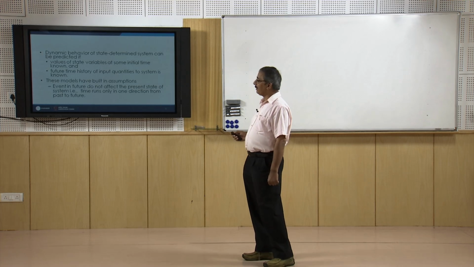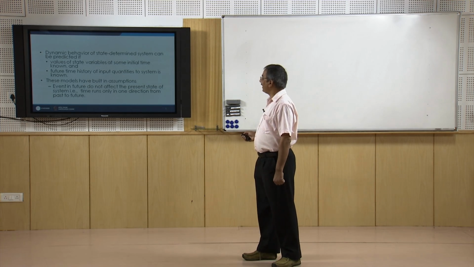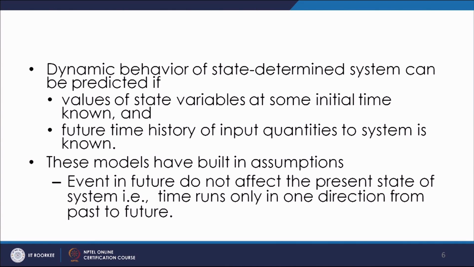Now, the dynamic behavior of a state determined system can be predicted if two things are known. What are these two things? The values of the state variables at some initial time, and the future time history of the input quantities to the system.